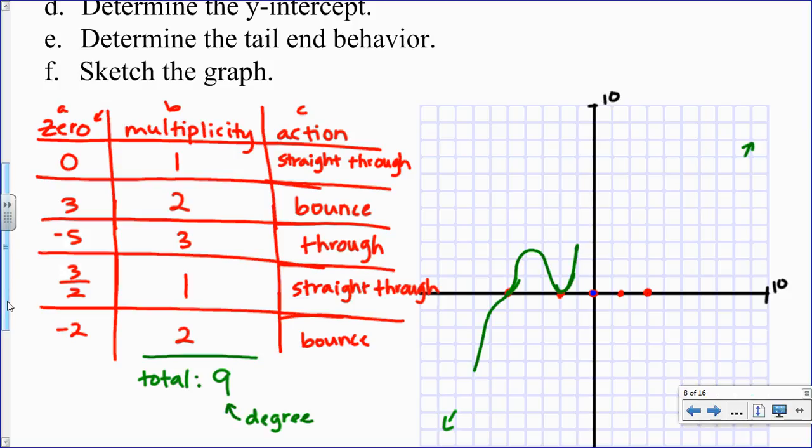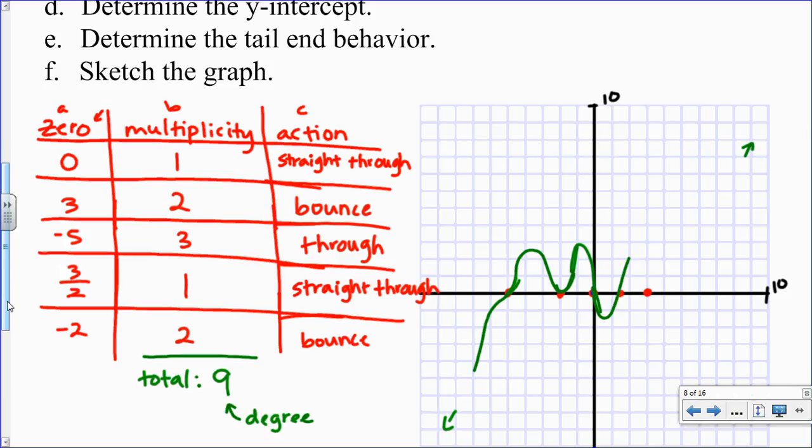Then I get to 0, and at 0 I go straight through. And then what's the next 0 I get to? 3/2, and I go straight through.